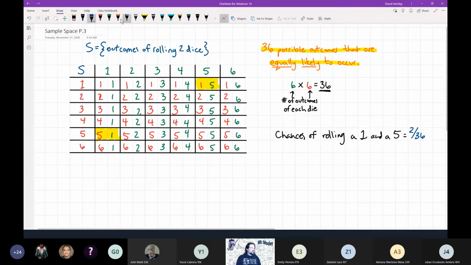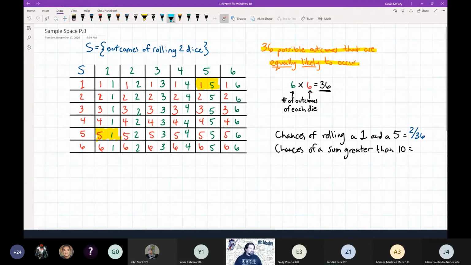All right, we could do chances of a sum greater than 10. So what are the chances that the sum of my 2 dice is greater than 10?